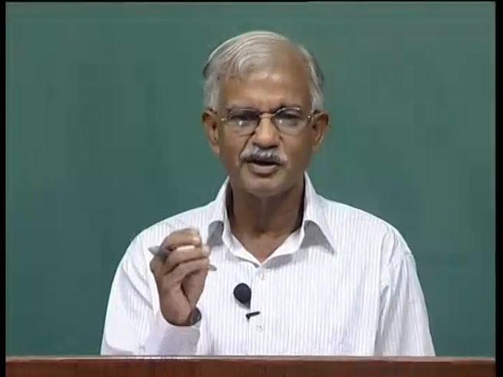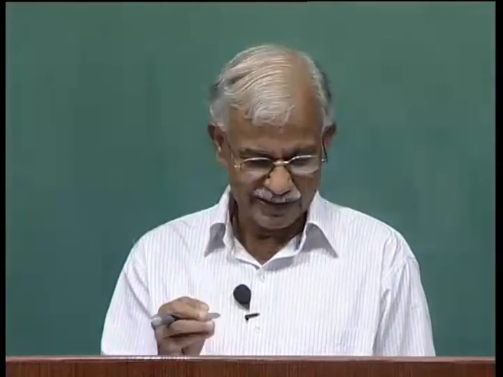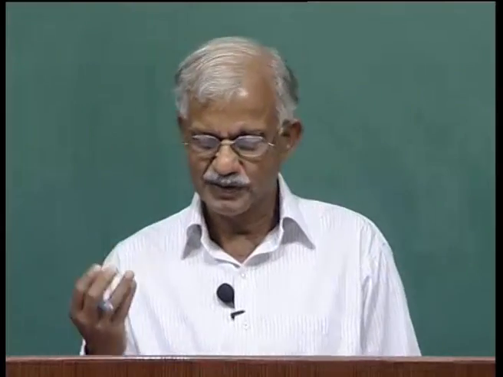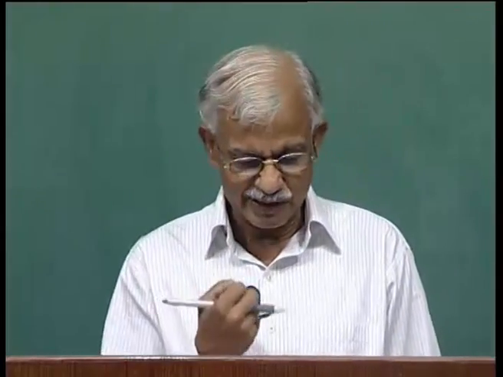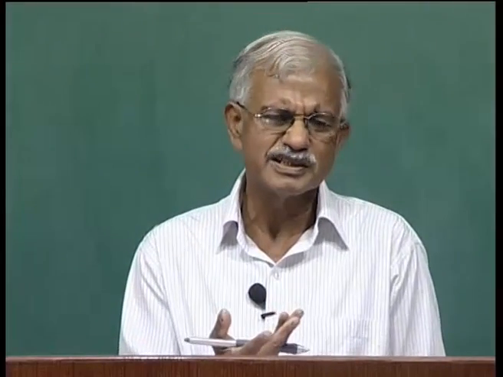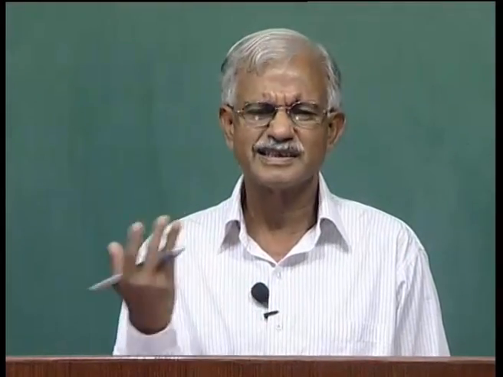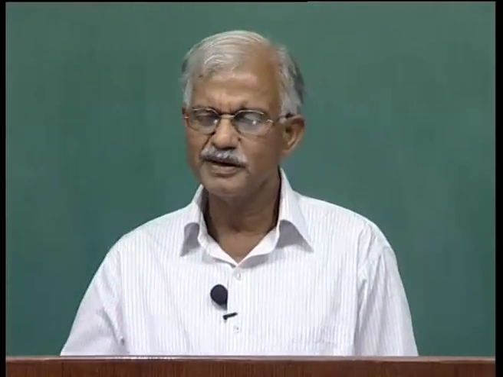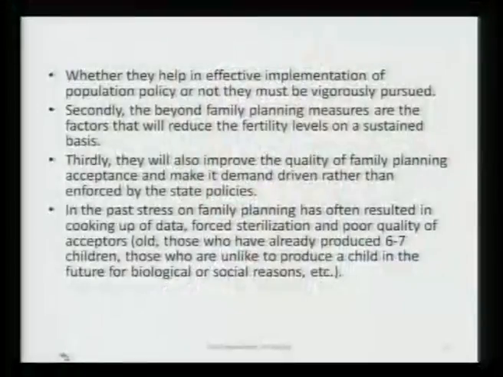In Bihar, where domestic violence against women is at the top, suppose you take up policies to fight domestic violence. There will be no opposition from social leaders, religious leaders, political leaders, teachers, and that can be done. Whether they help in effective implementation of population policy or not, they must be vigorously pursued.